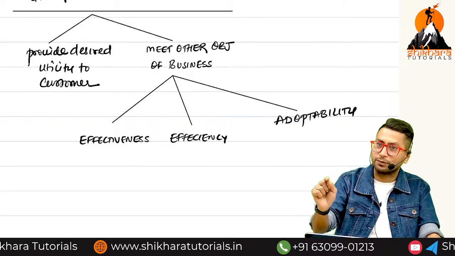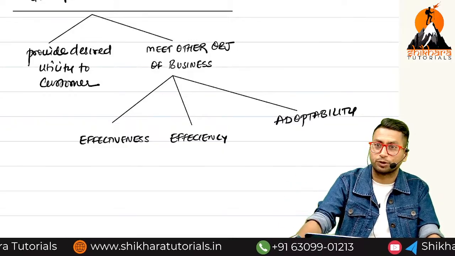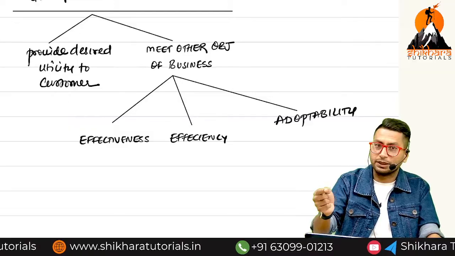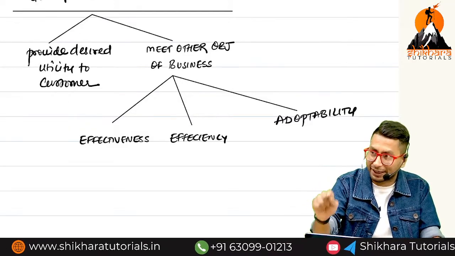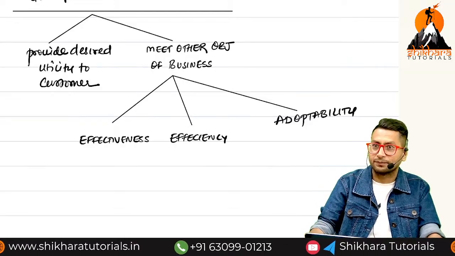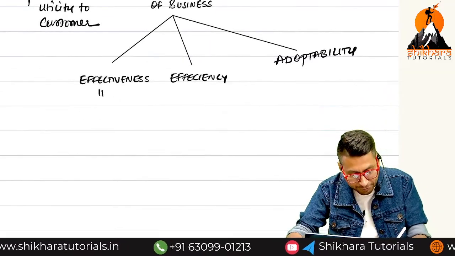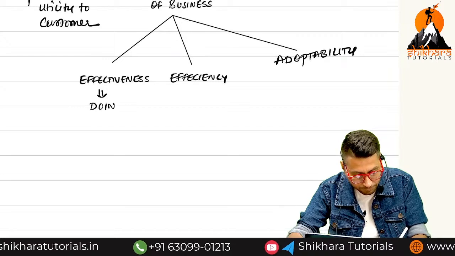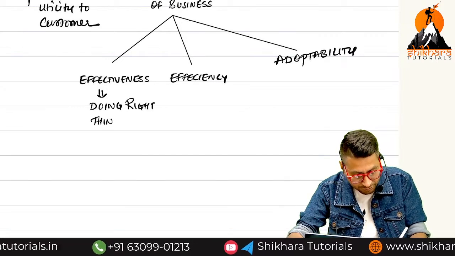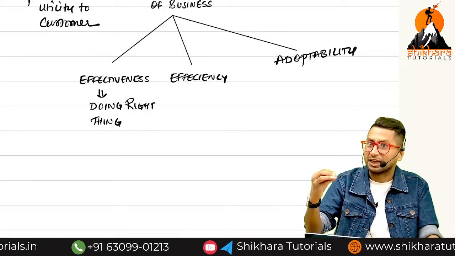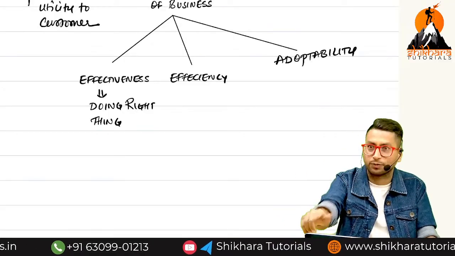Will you sell what you want to sell or what customers want to buy? If you are selling something the customer does not want to buy, are you doing the right thing or not? So effectiveness means doing the right thing. In simple words, for example, I am trying to sell what the customer wants to buy.